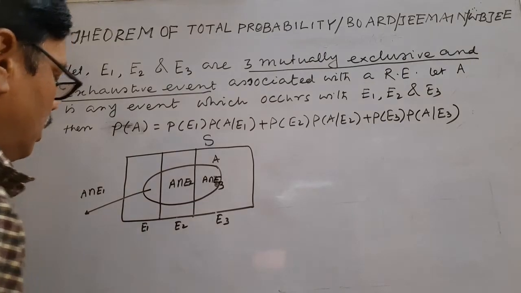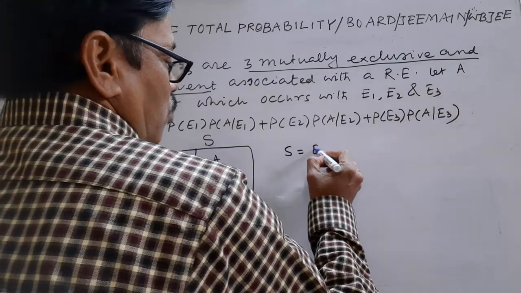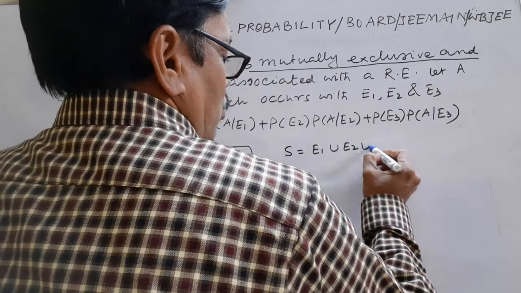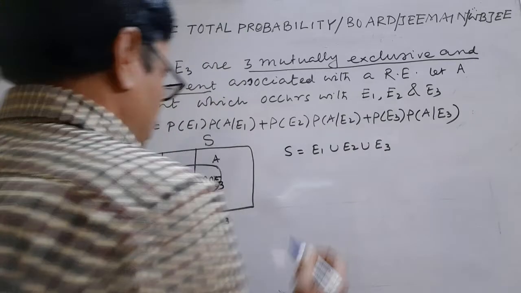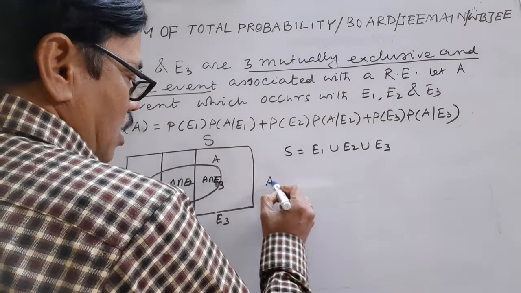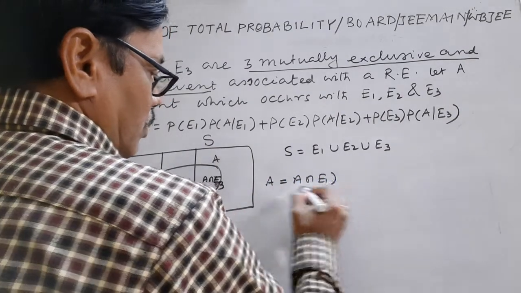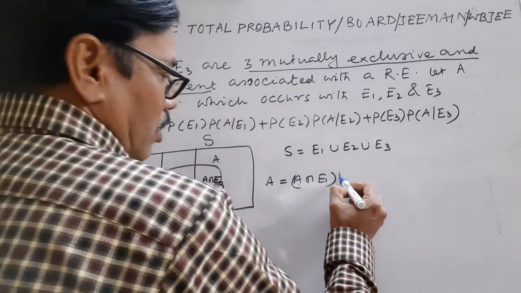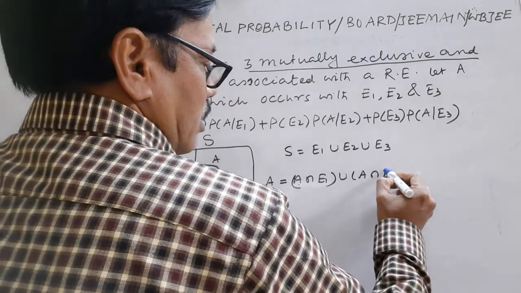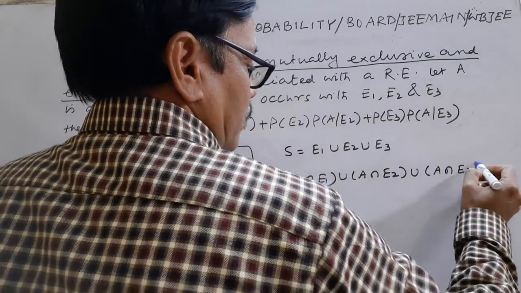So from the figure, look, A is contained in E1 union E2 union E3, exhaustive. Now from the figure, A equals A intersection E1, this set, union A intersection E2, union A intersection E3.